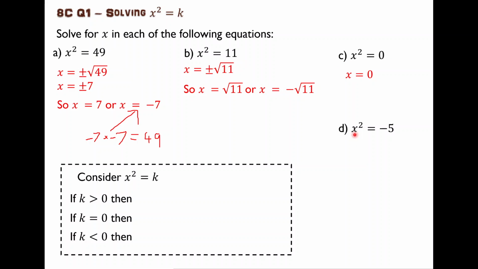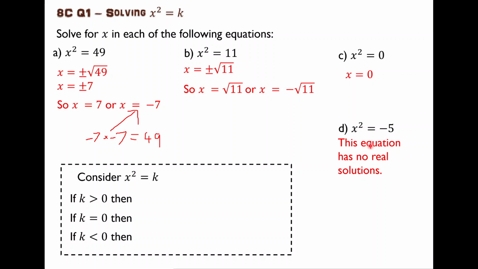Okay, well what about if I'm thinking of a number and that I square it and the answer is negative 5? What was my number? Well, it's impossible. If my number was positive, then when I square it, I'd get positive. And if my number was negative, like here, when I square it, I'd still get positive. So this question in year 9 is impossible.